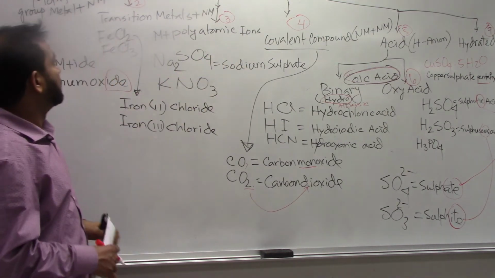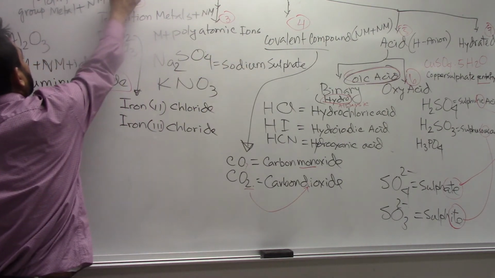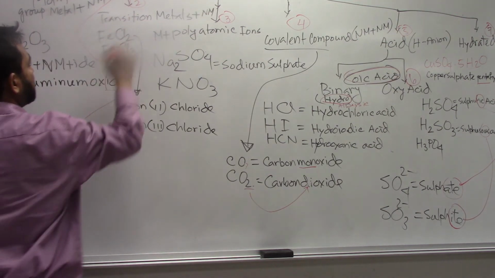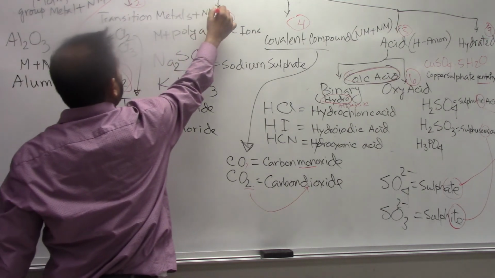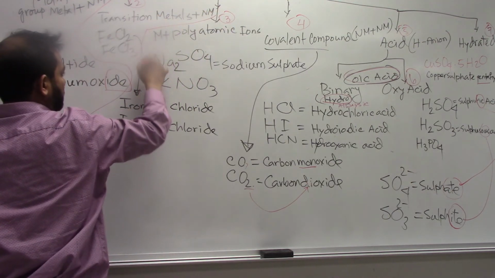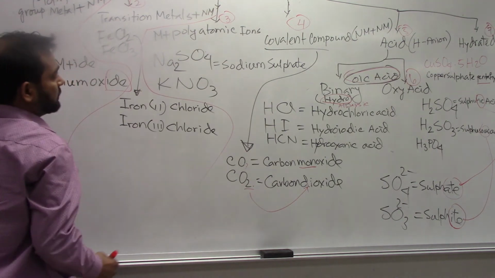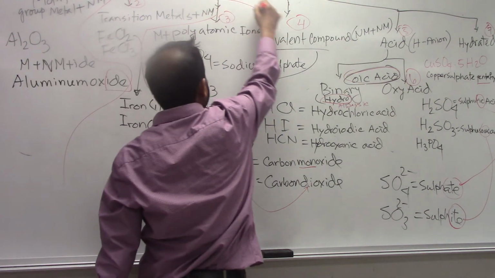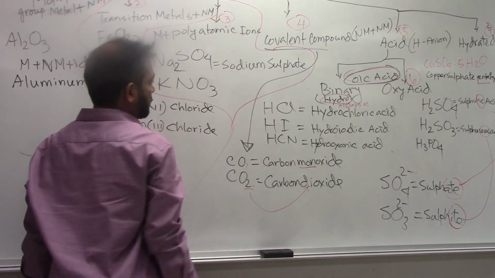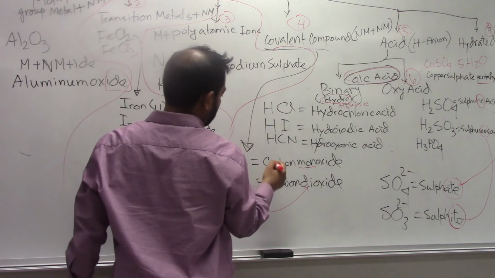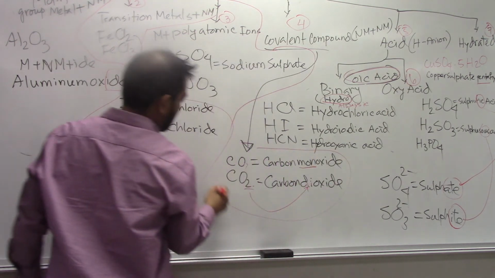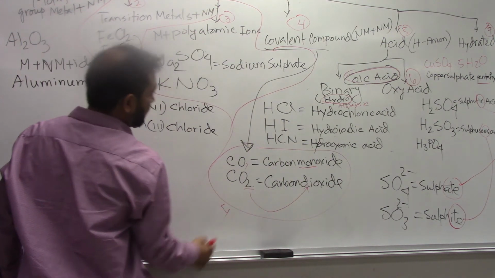And then polyatomic ions. The third type, right? This is 2 types, 3 types, and this is the third. Actually this is the example of 4 types.